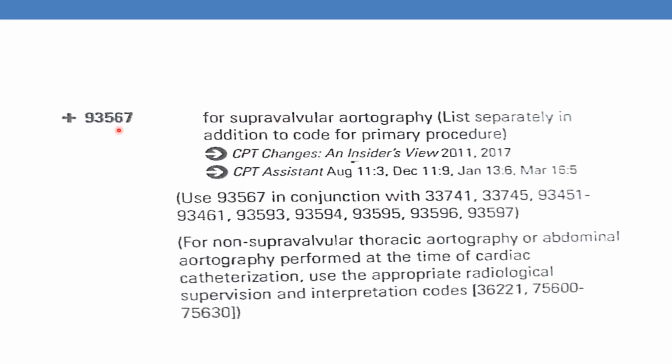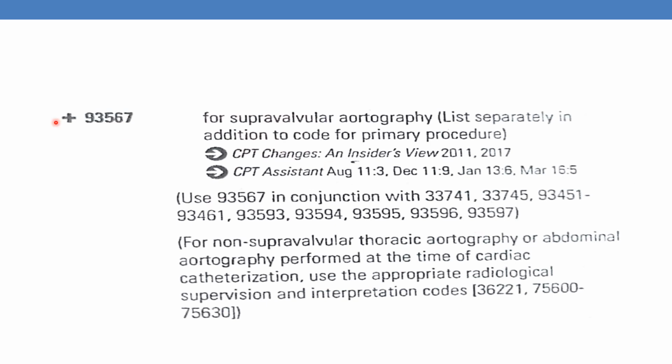Along with it, this is an add-on code, plus 93567, for supravalvular aortography, listed separately in addition to the primary procedure. Below that you can find use 93567 in conjunction with 33741, 33745, 93451, 93461 and 93593, 93594, 93595, 93596 and 93597.